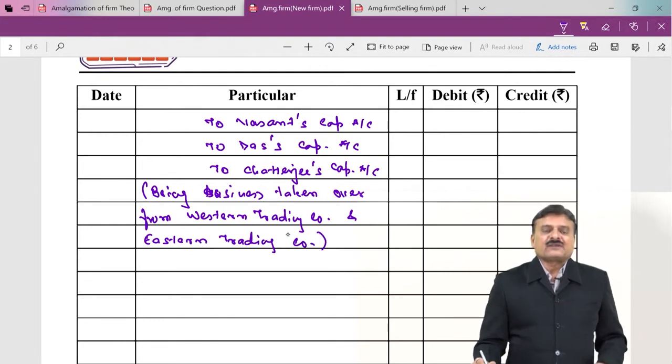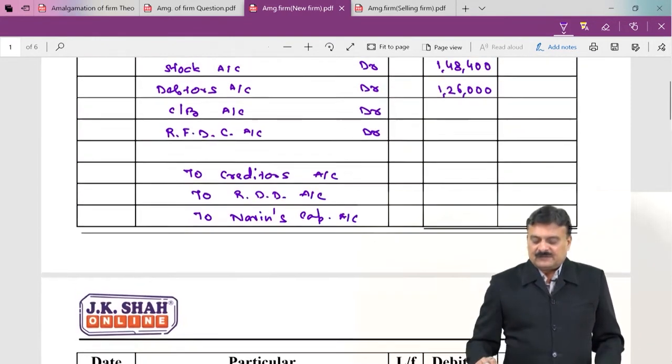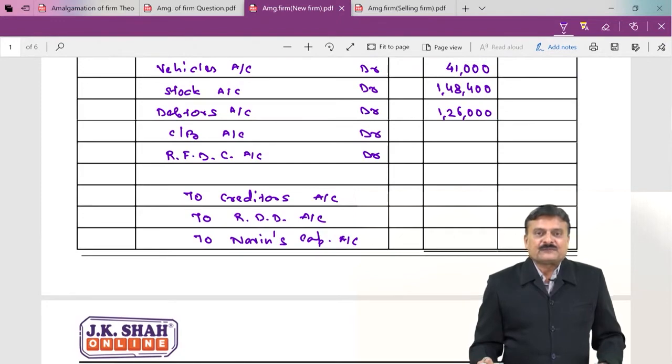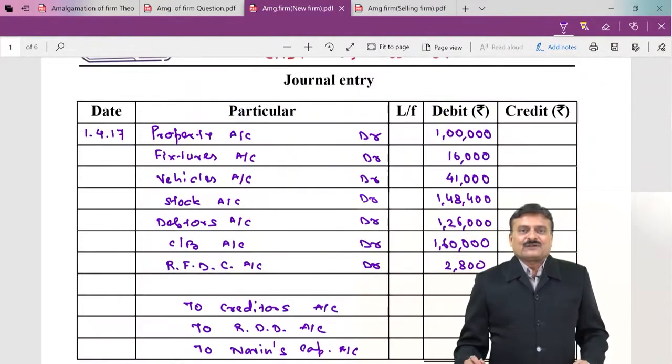Come on, 2 minutes time allowed to you. Write figures on your own in this journal entry. Try on your own. So, look at the entries combining all the assets.